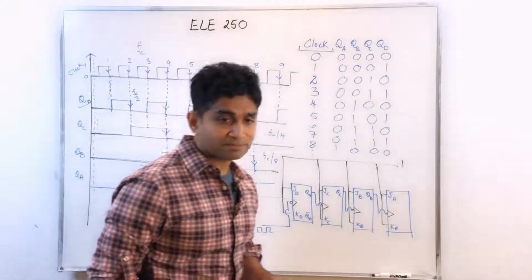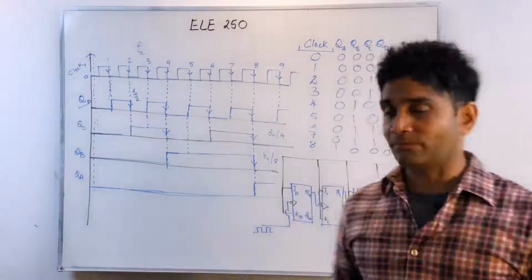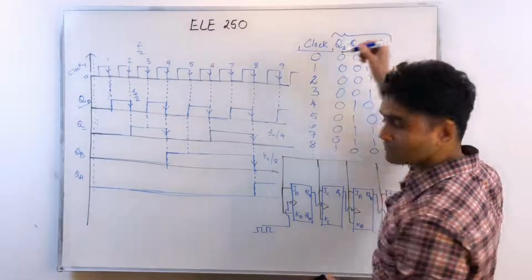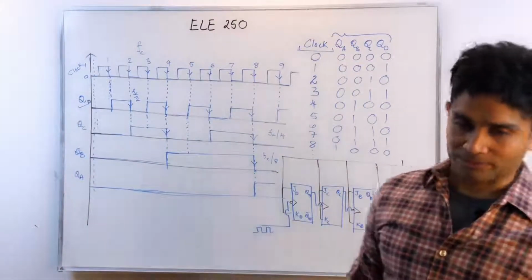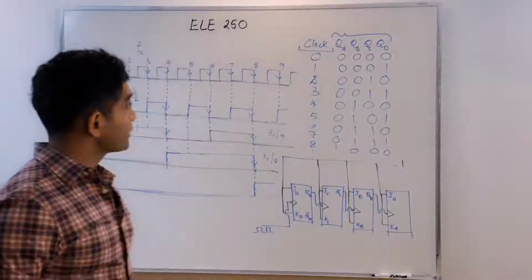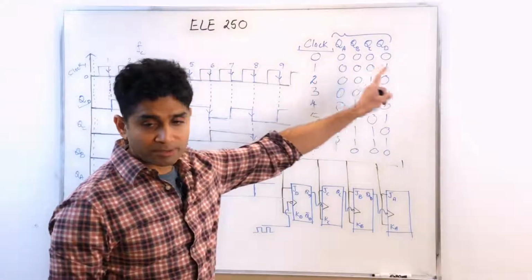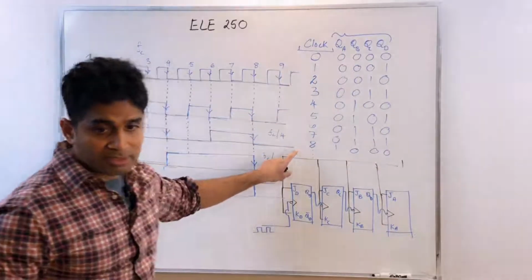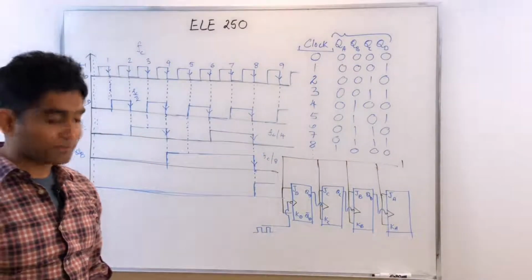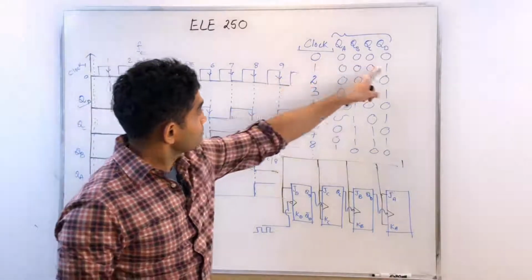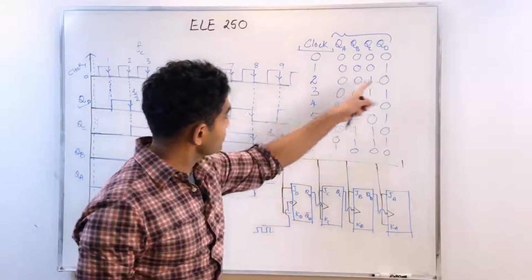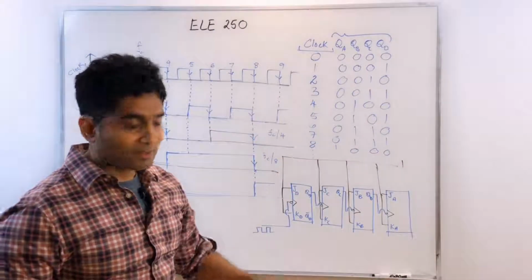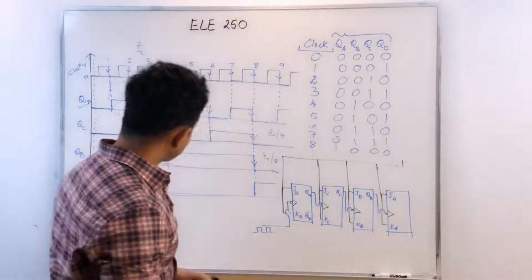So what am I really doing here by monitoring my outputs QA through QD? If you look at the binary values with respect to the number of clock pulses elapsed, it's basically counting the number of clock pulses, right? 0, 1, 2, 3, 4, and so on. In other words, it's functioning as a counter.